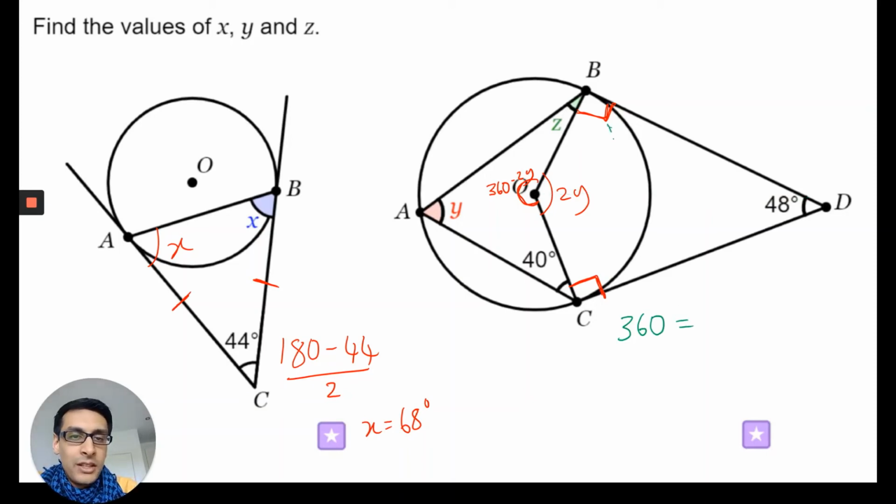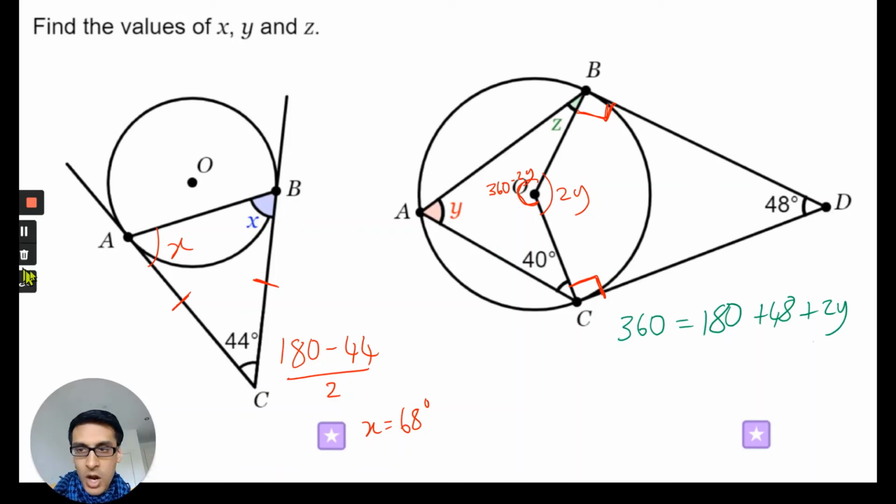So those two angles, that's just going to be 180 plus 148 plus Y. Now we can just solve that. It's very straightforward. 360, take away 180, take away 148, divided by 2.